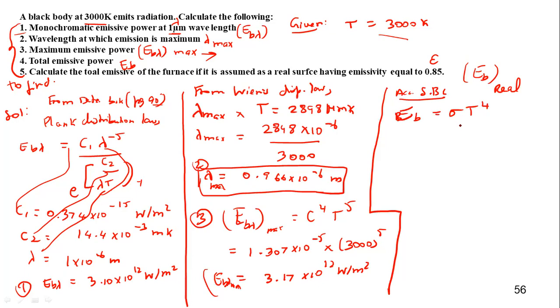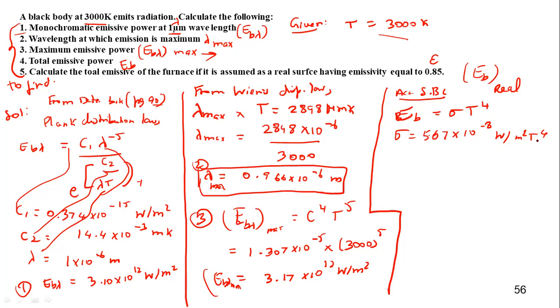We know the Stefan Boltzmann constant is 5.67 into 10 power minus 8 watt per meter square, T power 4. Okay. This is the Stefan Boltzmann constant.